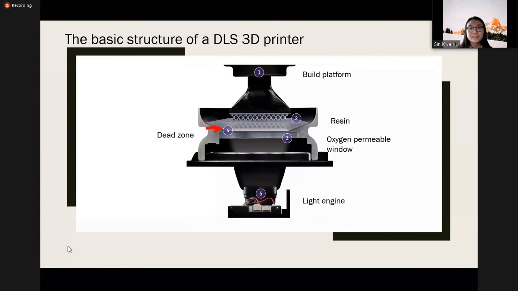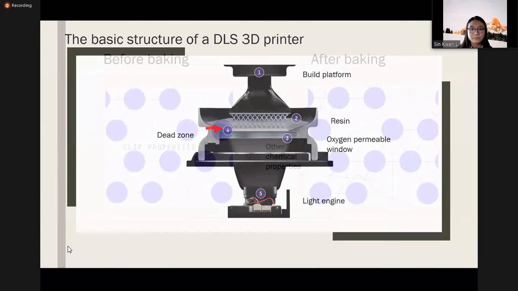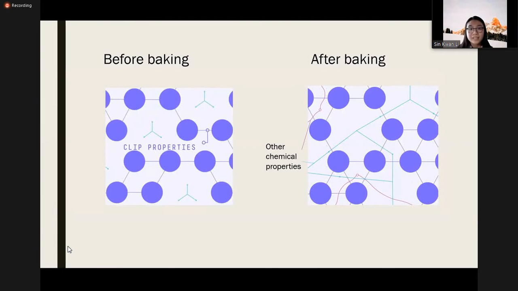This process is called continuous liquid interface production, which fixes the shape of the object with a smooth surface. To activate the uncured part, the object has to be baked in the oven. During this process, a chemical reaction is triggered, changing the chemical properties of the material such that the mechanical structure of the object is strengthened.